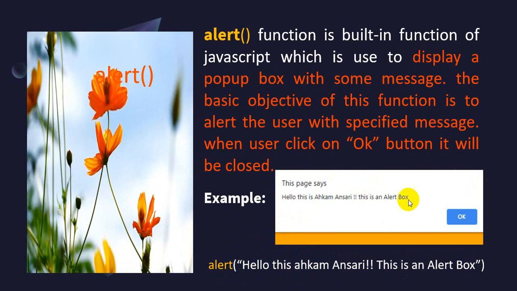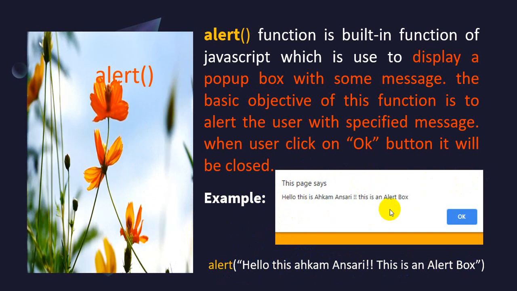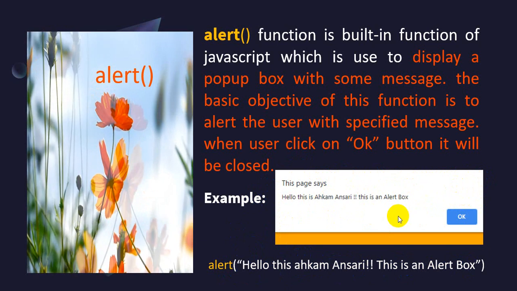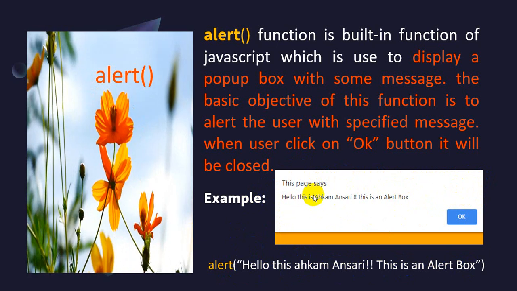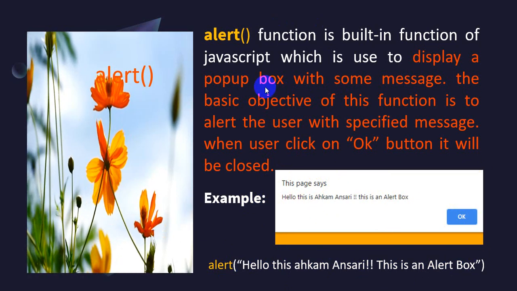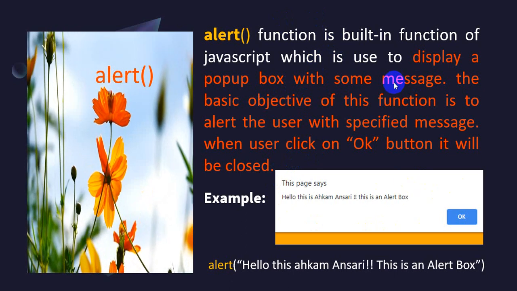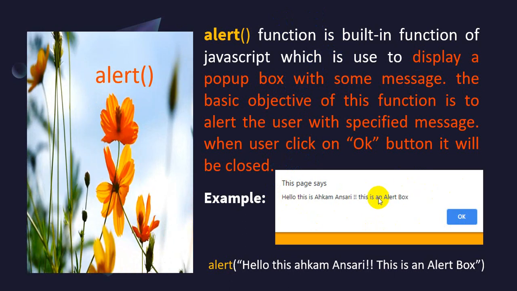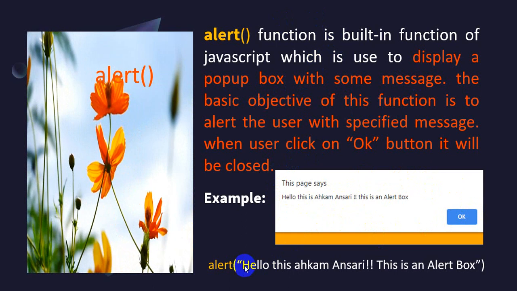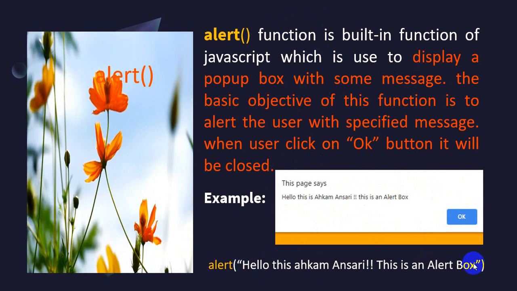The white color I have given, please student, this is an alert box, where we have the message. Hello, this is the message. See, this box is called an alert pop-up box with some message. Which message? This is the message. And where do you write the message? Inside that bracket, inside double inverted commas.